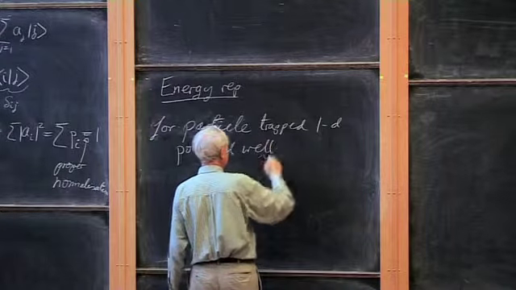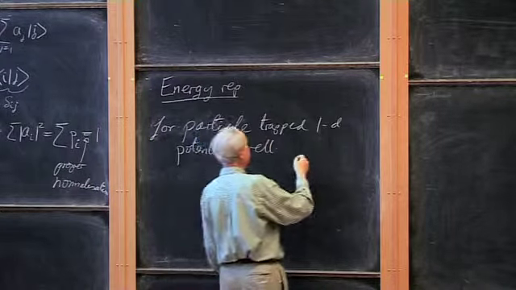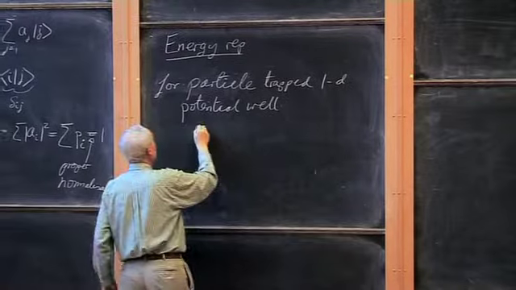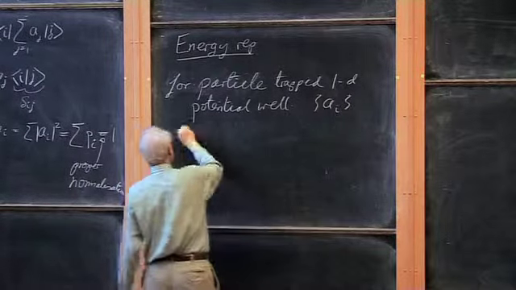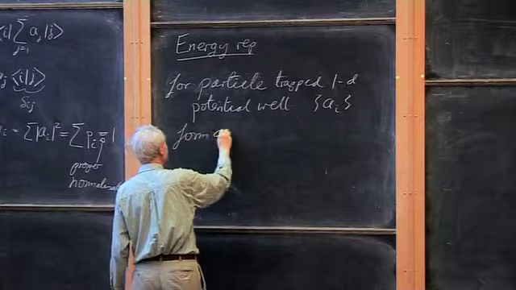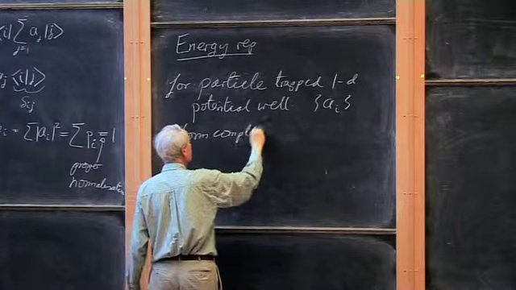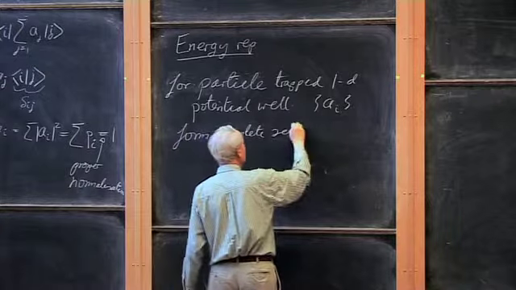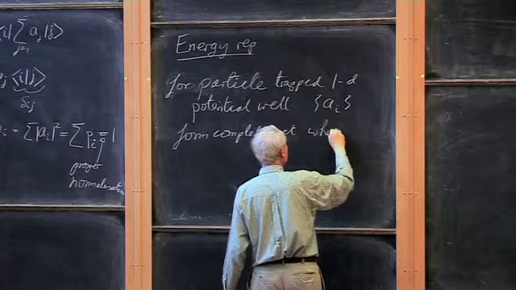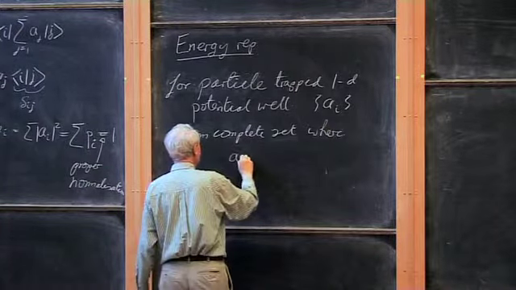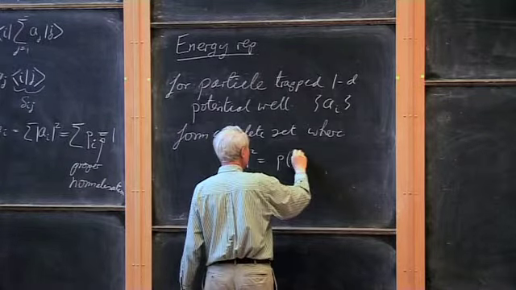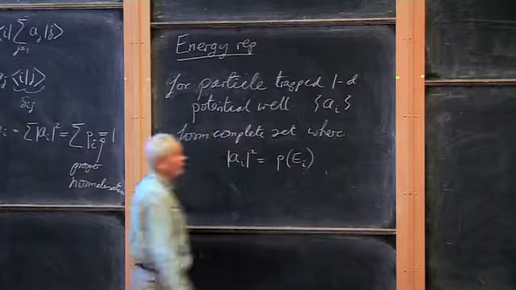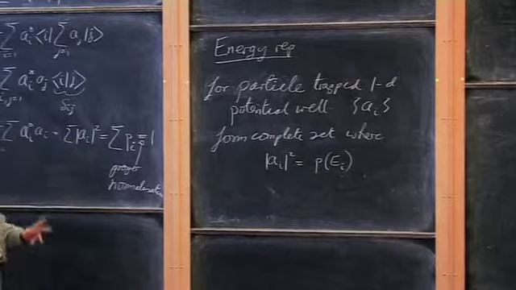We will see that, and I'm asserting for the moment that the A_i form a complete set of amplitudes, where |A_i|^2 is the probability of measuring the ith allowed energy, right?